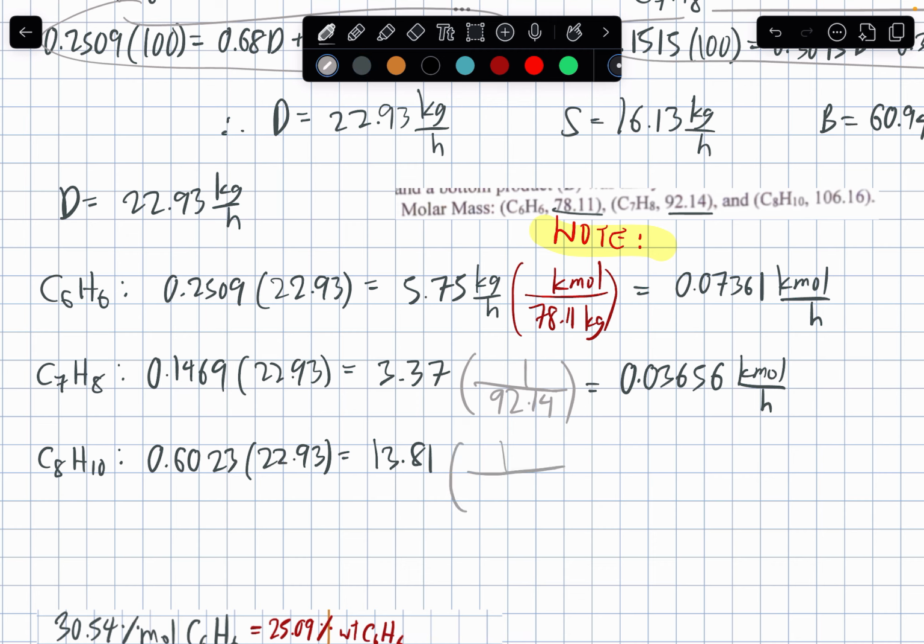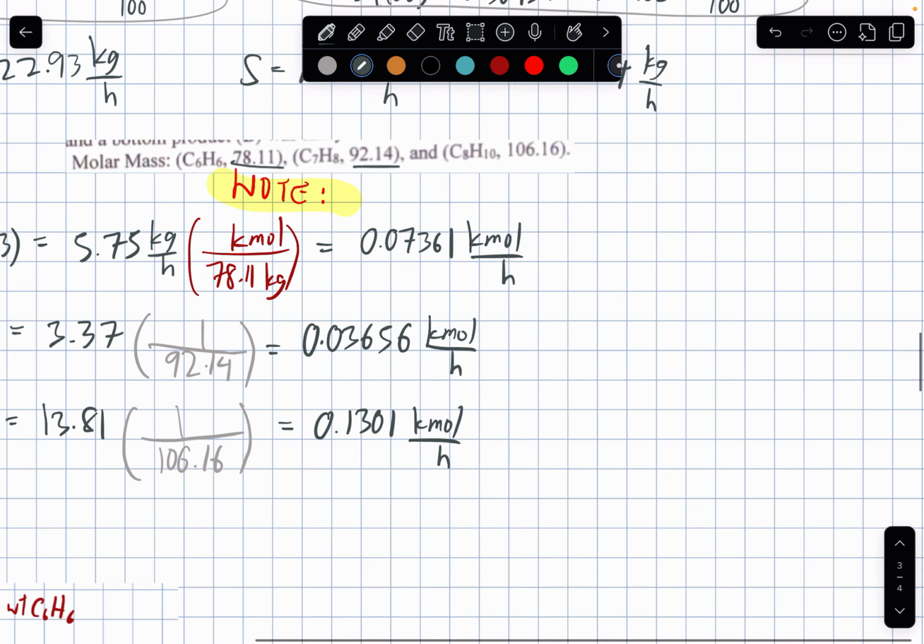That's my logic. 1 over, so this is C8H10, corresponding molar mass is 106.16. 0.1301 kilomoles per hour.